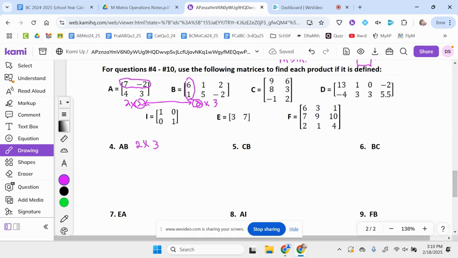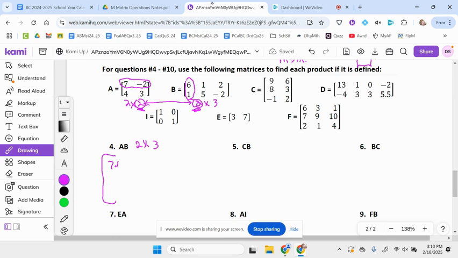I can't think of a good example, but this is what you do. You take the rows of the first and multiply them by the columns of the second. That's why these numbers must match, because I have 2 numbers here and 2 numbers here. So I have a dimension match. I have the same amount of numbers in the rows of the first and the columns of the second. And then this is physically what you do.